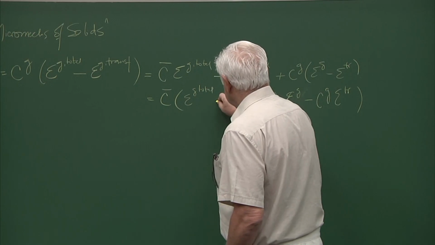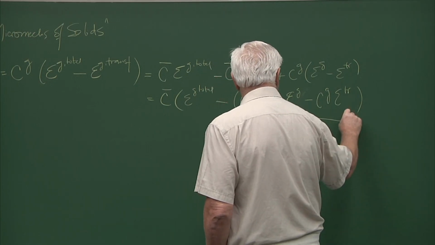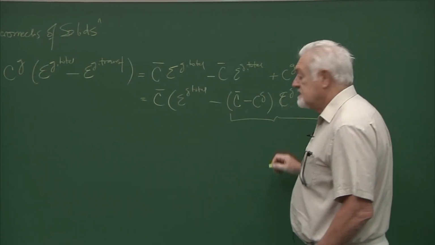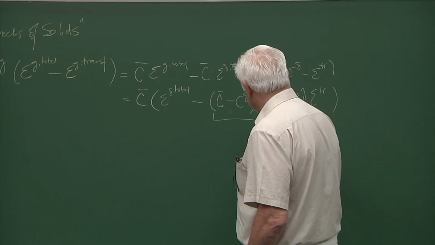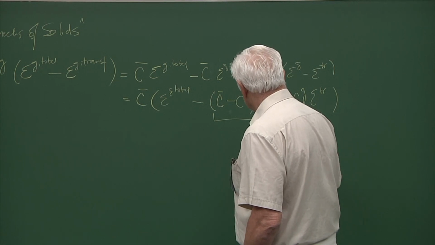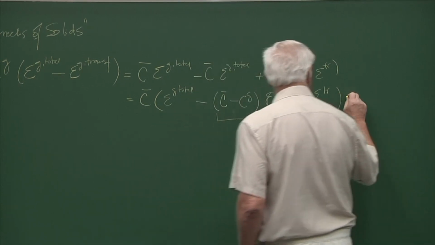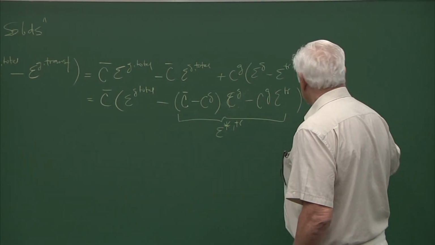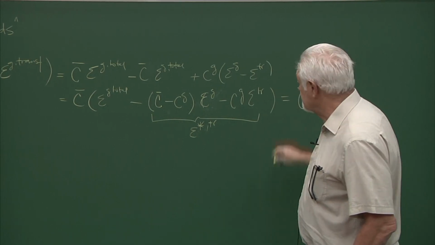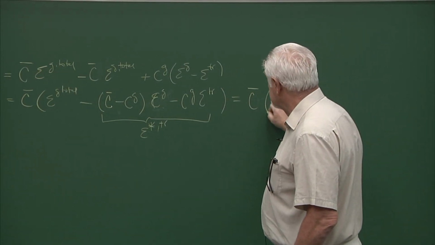So you can say that this term is a fictitious transformation, E transformation, and so this problem will look like you have a medium with an inclusion with the same constants as the matrix.